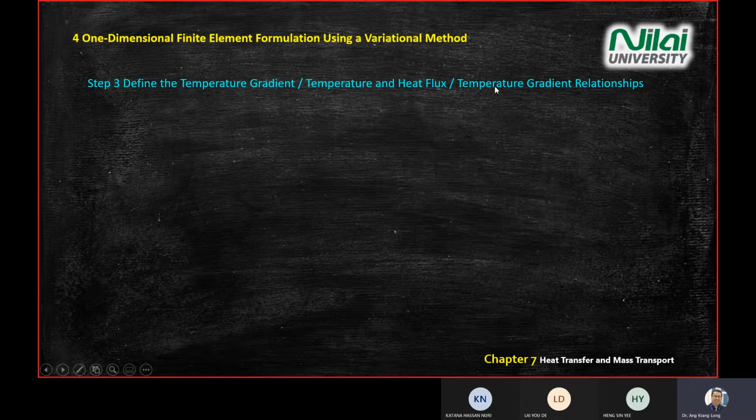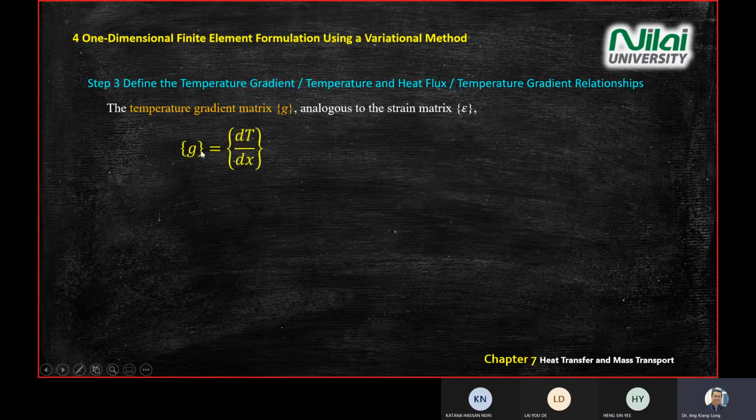It's still the same concept, we just change it according to the thermodynamic process. In this case, we will use curly G as your temperature gradient. If you check chapter 3, it is analogous to the strain matrix. So G equal to dT divided by dx. This is the temperature gradient.